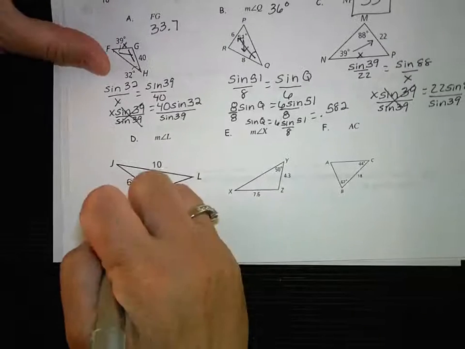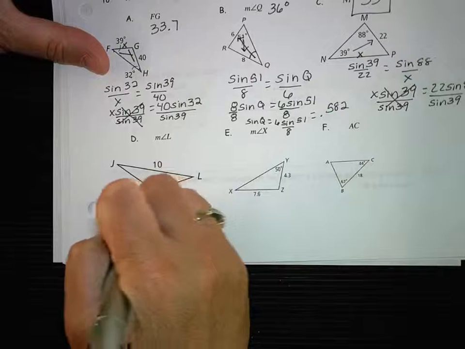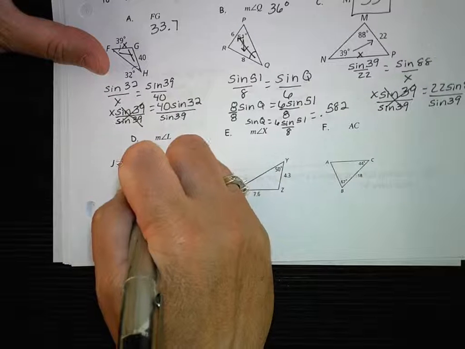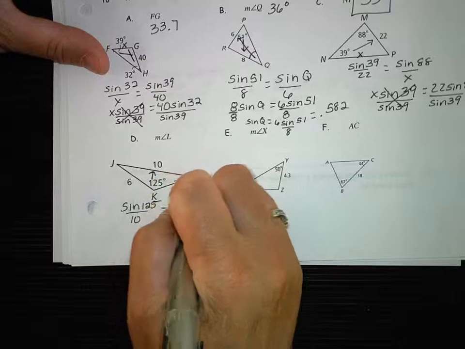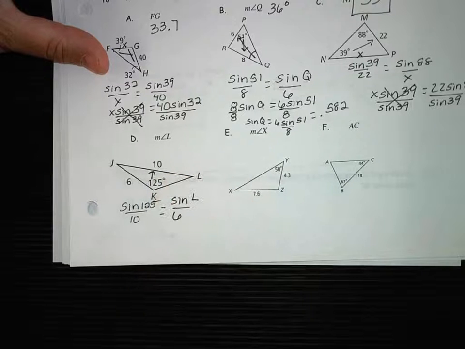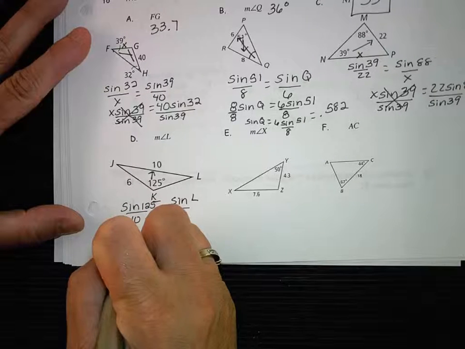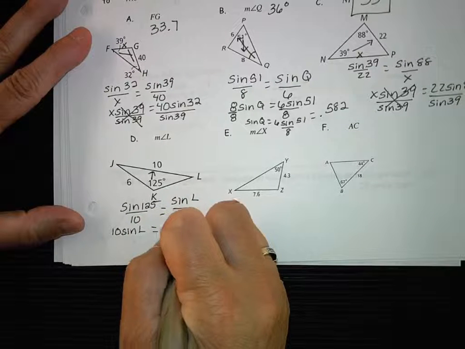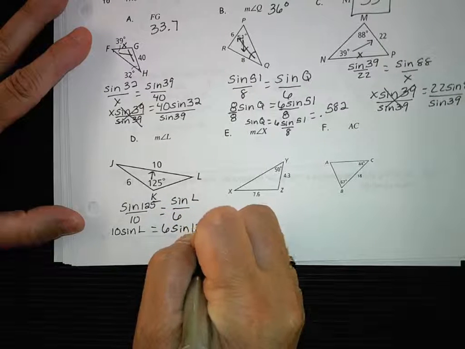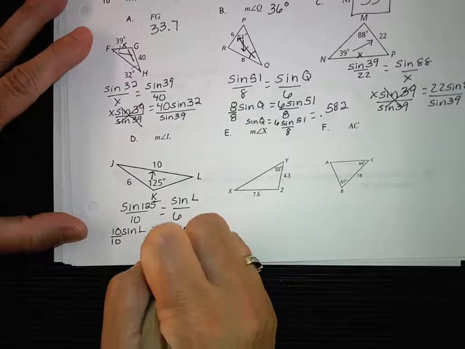Letter D, we're going to have the sine of 125 over 10, angle and the side across from it, equals the sine of L over 6. Cross multiplying, you will have 10 times the sine of L equals 6 times the sine of 125. And then here, I'm going to divide both sides by 10.